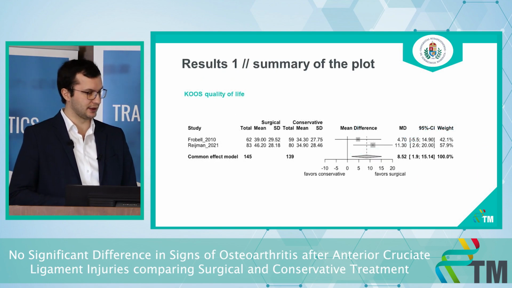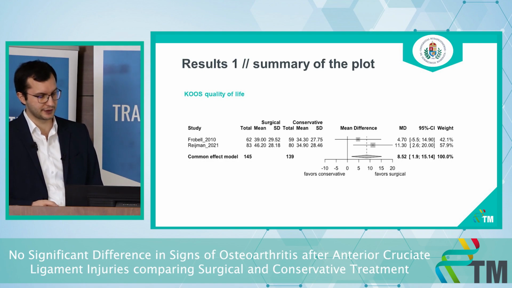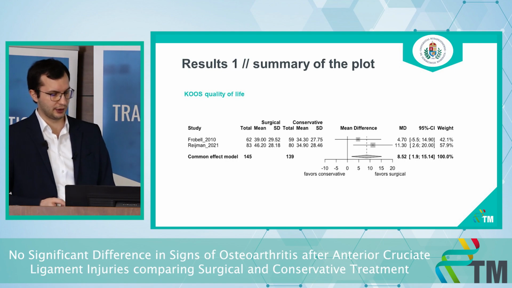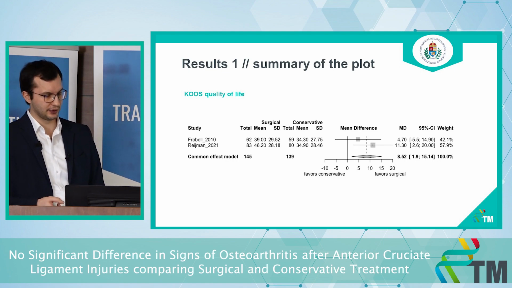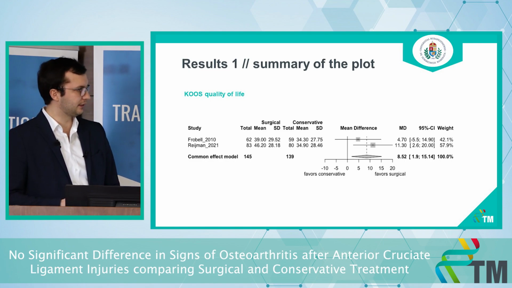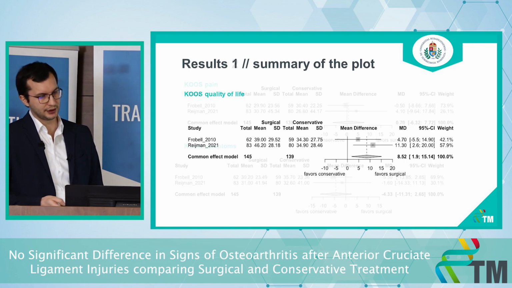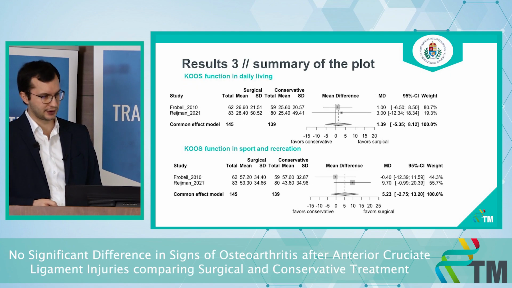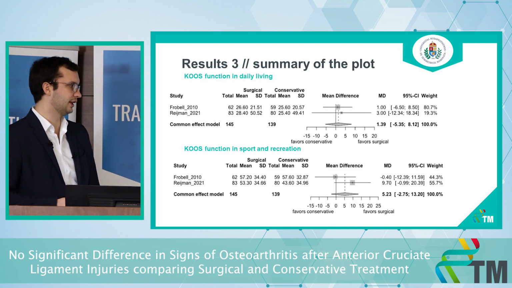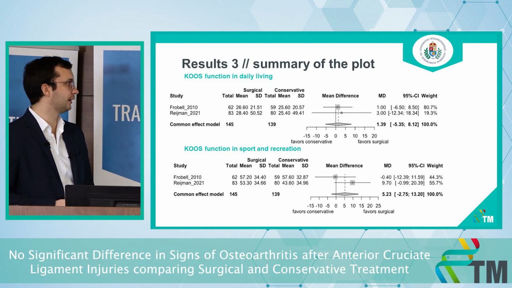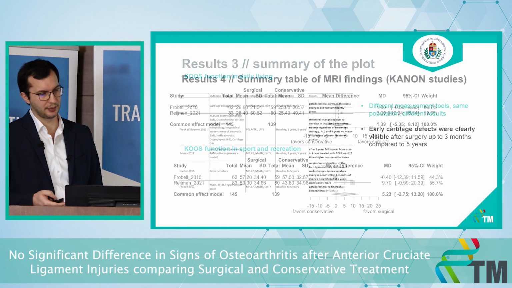Here you can see my first plot, and this is the only result which hasn't got a significant difference. The KOOS quality of life score favors the surgical treatment. The other 4 subscales, the pain, the symptoms, the function in daily living, and the function in sport and recreation, haven't got any significant difference between the two treatment types.